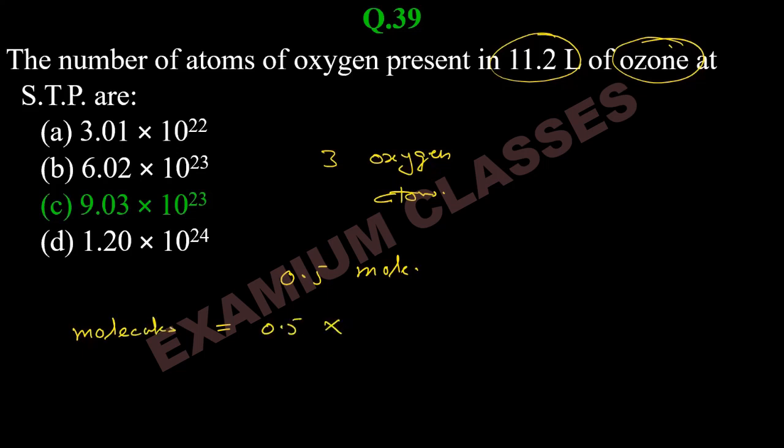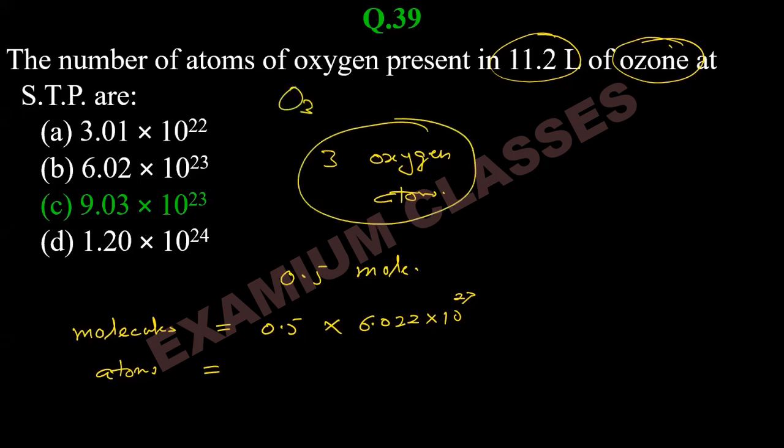Number of moles multiplied by Na. These many molecules. But how many atoms? 3 times, because you have 3 atoms in one ozone molecule, O3. Ozone is O3. So 3 into 0.5 into 6.022 into 10^23, that is 9.033 into 10^23.